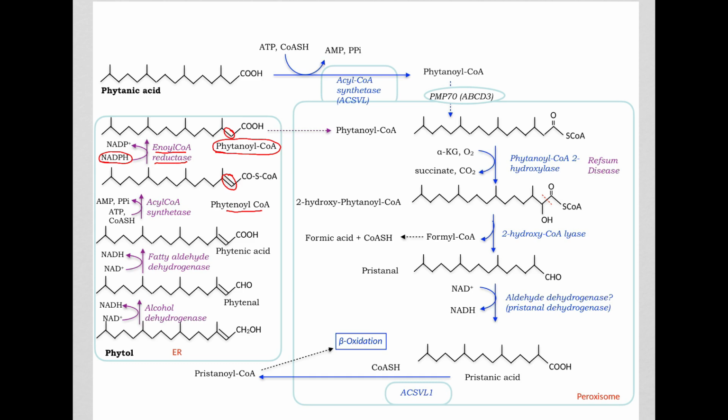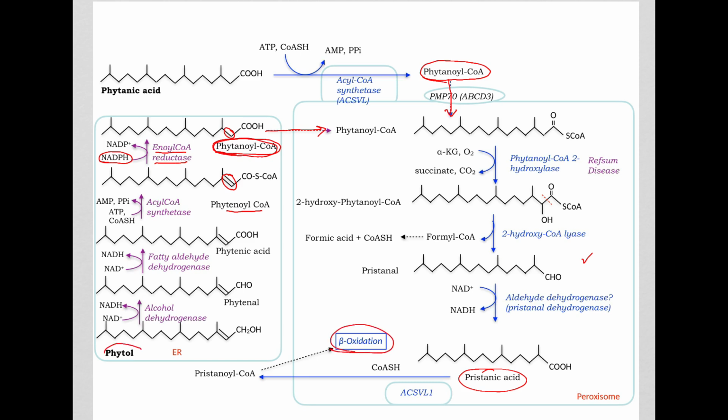So phytanoyl-CoA basically is what we have here, and now the rest of the metabolism is similar to what we talked about, the alpha-oxidation. This phytanoyl-CoA will eventually be converted to pristanic acid, and this pristanic acid will undergo beta-oxidation.